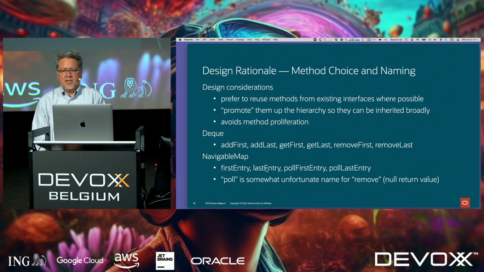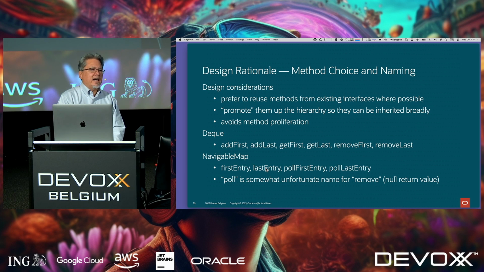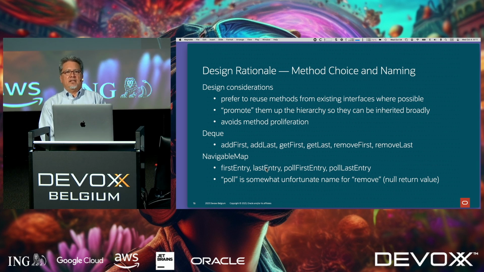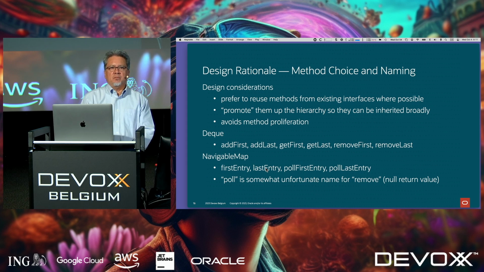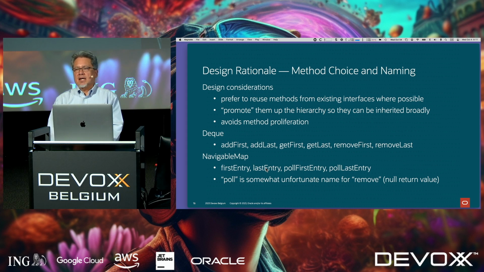But the problem is if you add new methods that are different from existing ones, it potentially messes up interfaces that inherit these. Then you end up getting duplicate methods that have different names, but really have the same semantics, which just makes APIs more complicated.